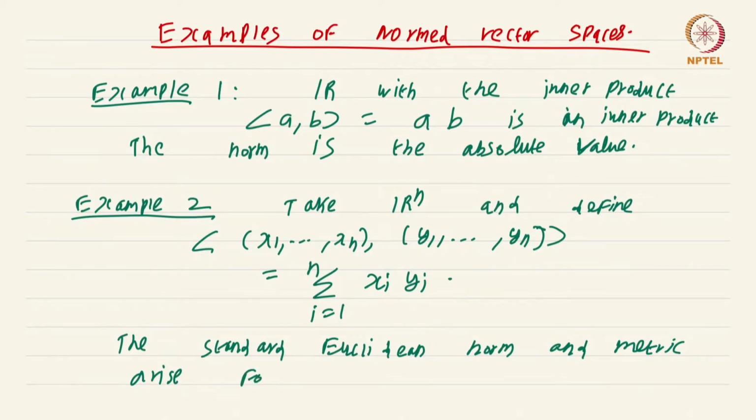These are all easy checks that I am leaving to you. So these are the standard prototype examples of inner product spaces and norms. In fact, these are the prototypes on which the more abstract definition that we studied is based.